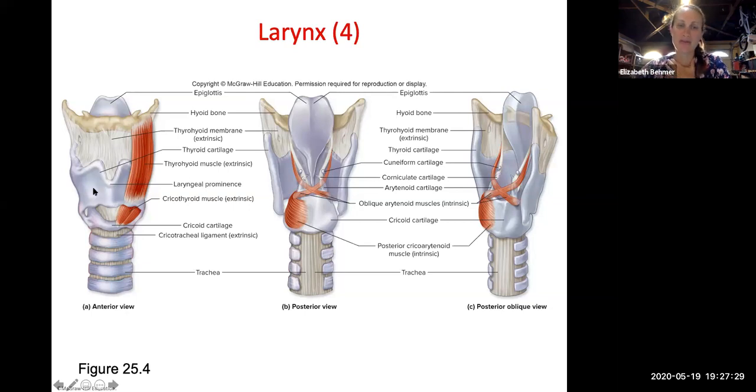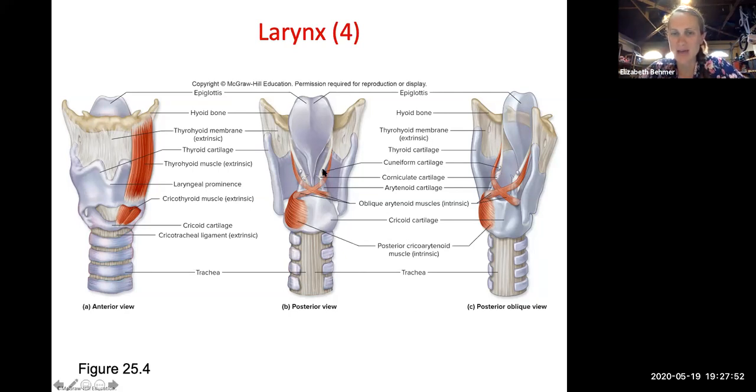Right below the thyroid cartilage is the cricoid cartilage, which is one of the other main 4 cartilages that make up the larynx structure. Here's your epiglottis shown posteriorly. It looks like a tongue or a little flap of cartilage that will open and close.